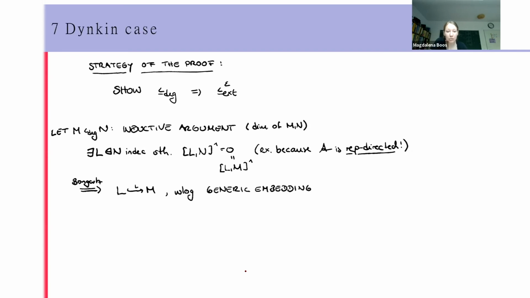Then we have a theorem of Bongartz that shows that we can embed L into M, and without loss of generality, this can be chosen generically. So that means that the quotient of this is generic in the set of all quotients. And now we go on by case study. So either L is isomorphic to its nabla, it's in this middle axis of the quiver.